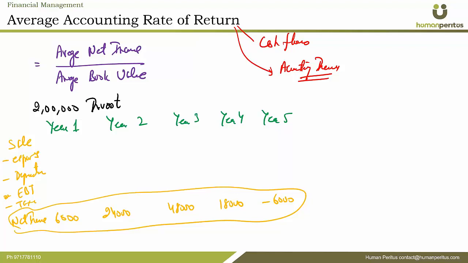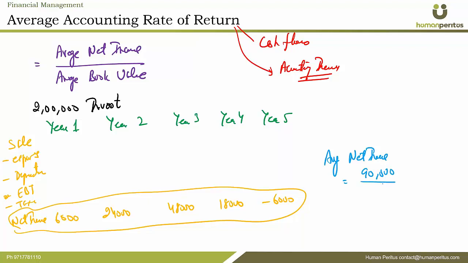Okay. So what do we need in the numerator? In the numerator we need average net income. So how do we calculate average net income? I add all of them.